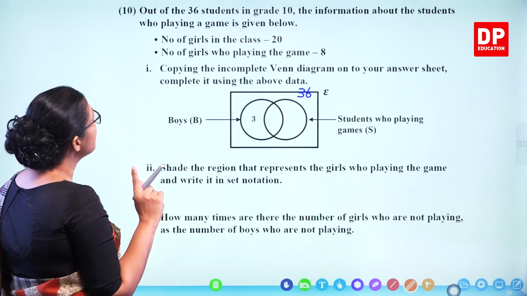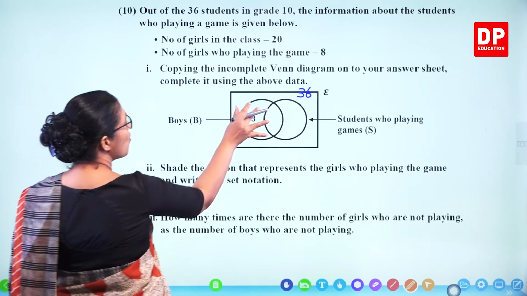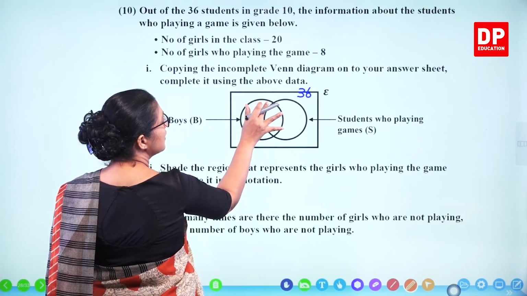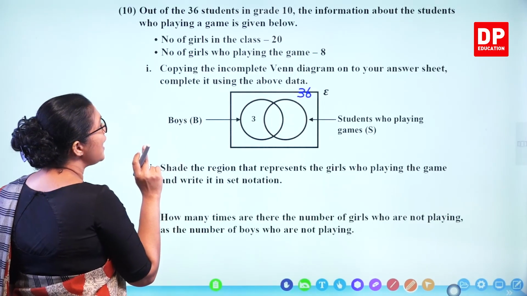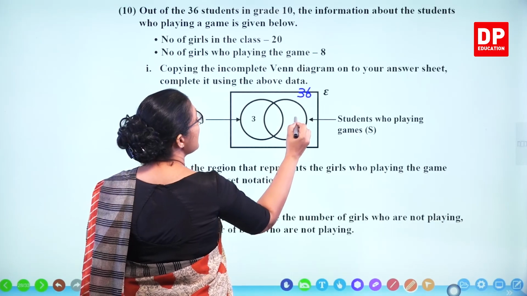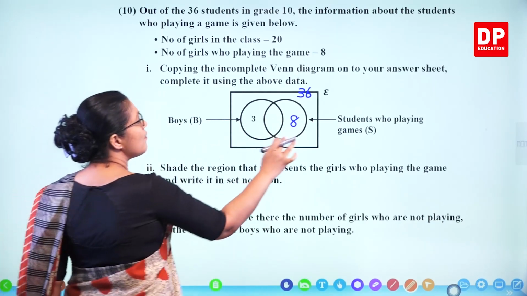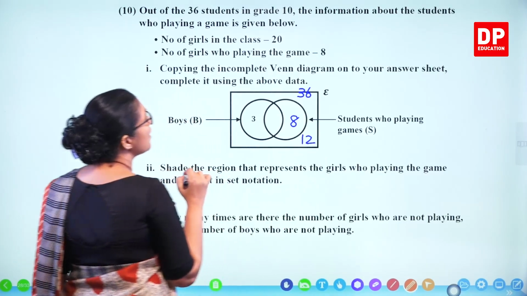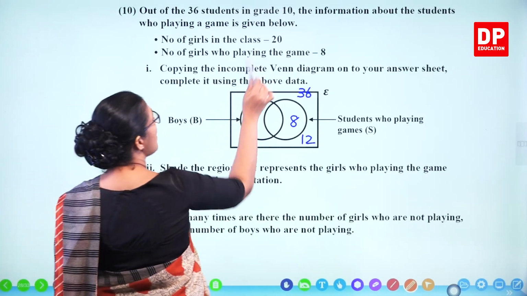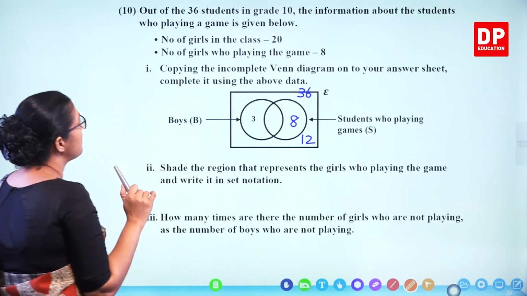The number of girls in the class is 20, so that means outside this B circle. So that's 20. But it says the number of girls who play the game is 8. So this is 8. Then what should be the outside number? 20 minus 8, 12, because 20 is outside the B circle.